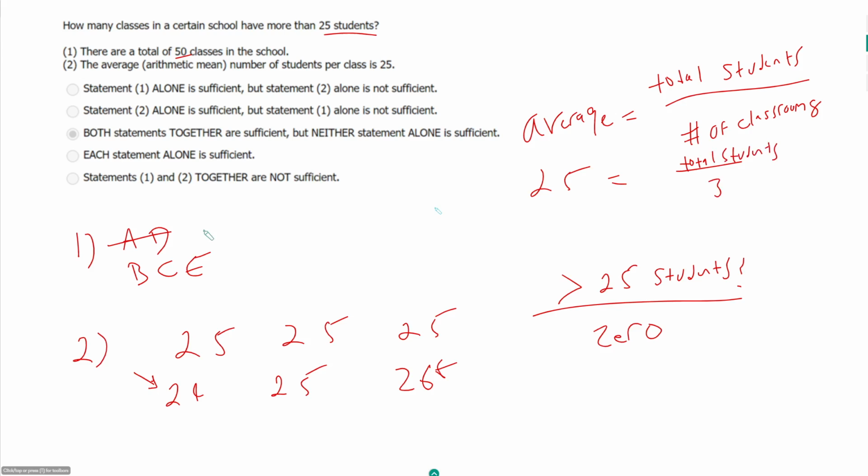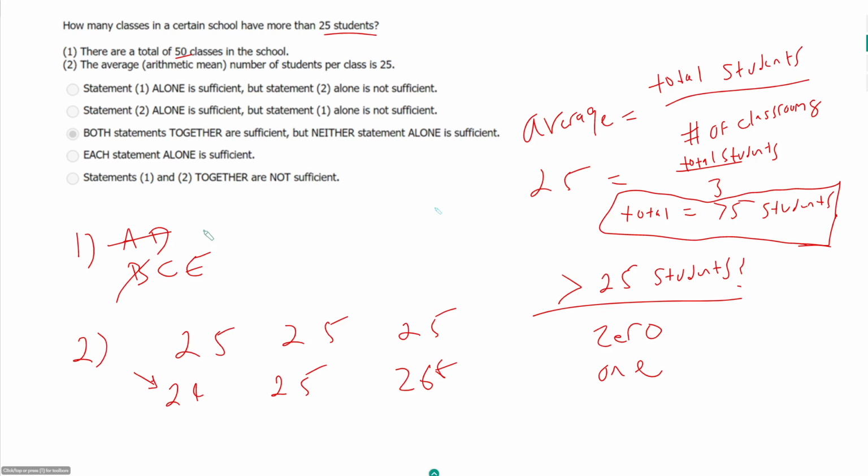Well, saying we have an average of 25 is really the same as just saying we need a total number of 75 students. So as long as we have 75 students in this 3 classroom example, we just need to make sure it sums to 75, and we should have an average of 25. And so in this case, how many of our classrooms have more than 25 students? Well, 1. And because we get different answers to our question, that is still insufficient.